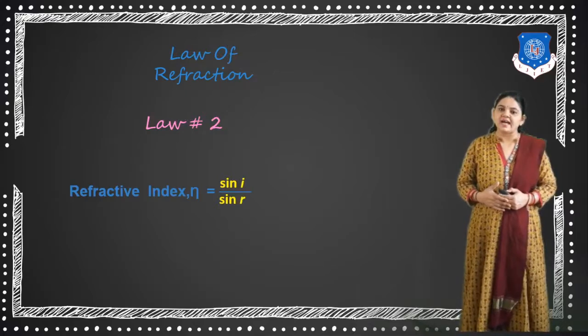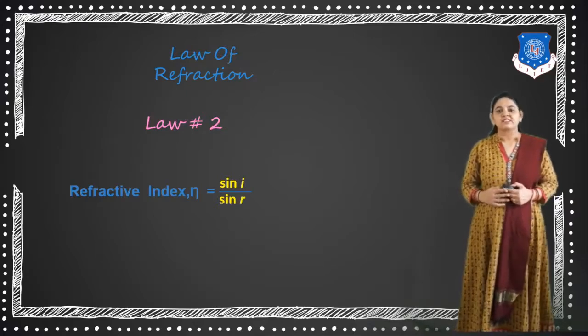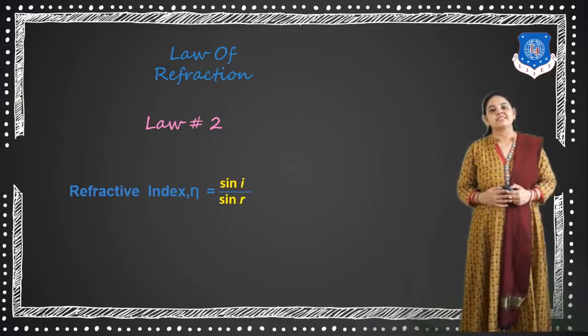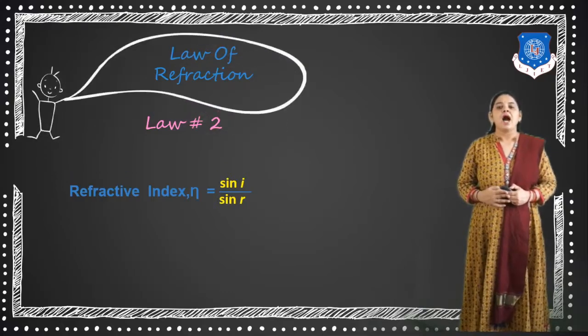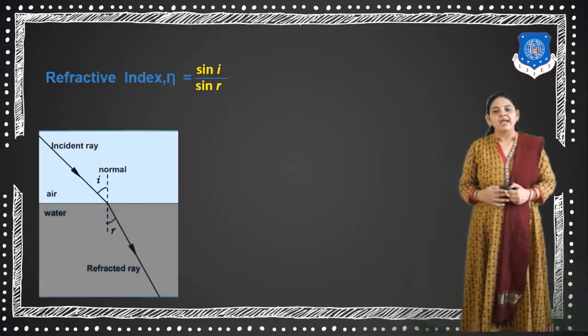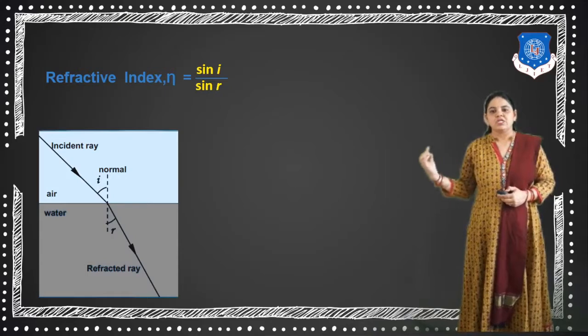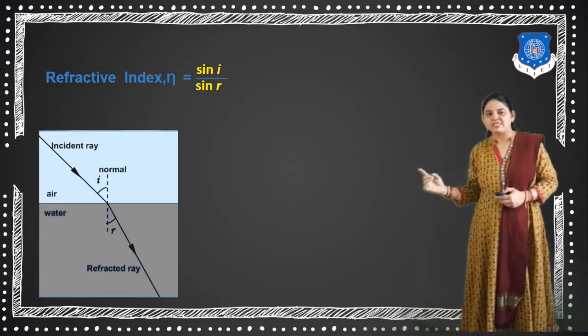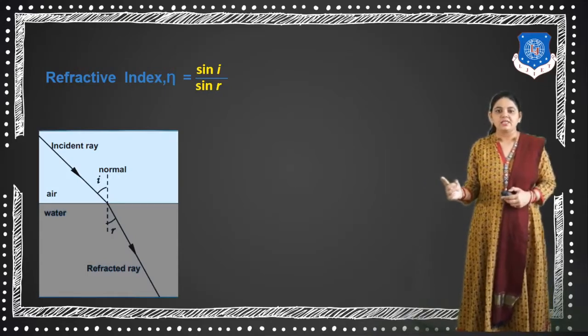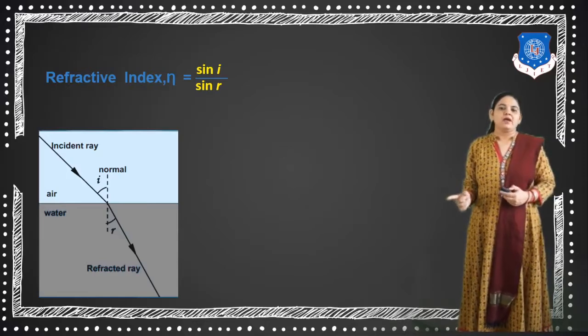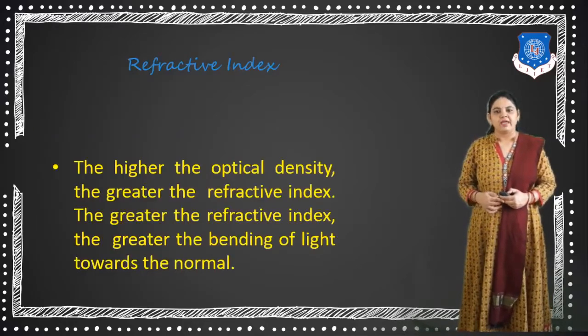So we can say the refractive index is sine I upon sine R, where I is the angle of incidence and R is the angle of the refracted ray.